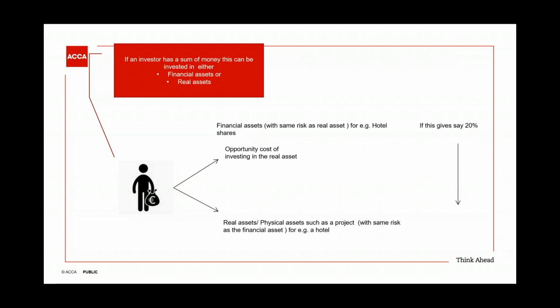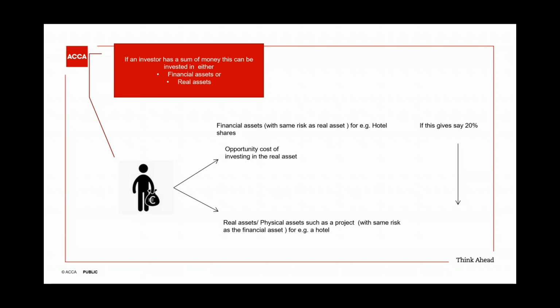So if I know that the hotel shares give me a particular rate of return, rather than investing in a project which is a hotel, I can invest that money in hotel shares, which means common sense will tell you that the hotel must minimum generate a return equal to the return on the financial asset, because that is the hotel's opportunity cost of capital.